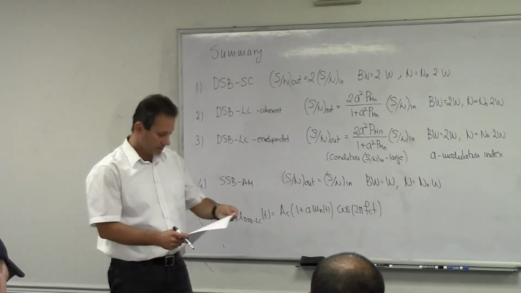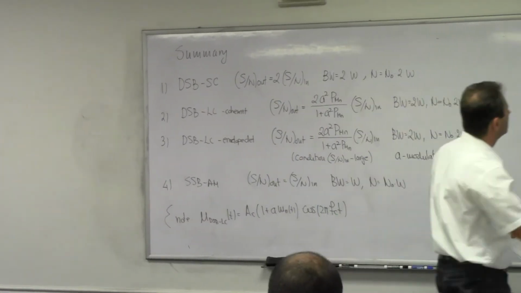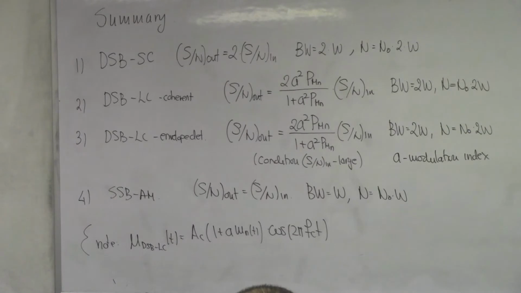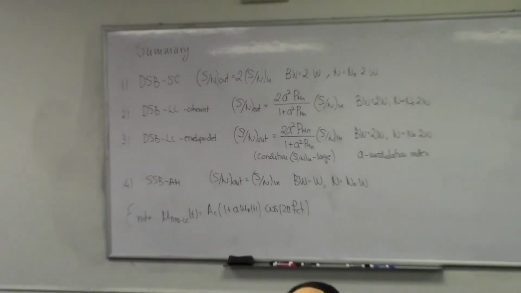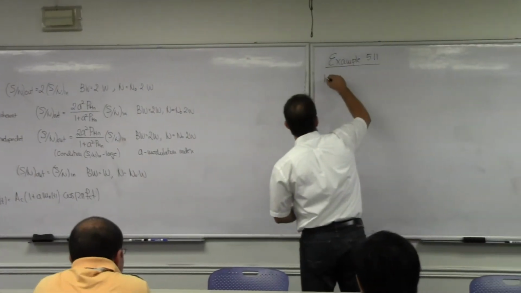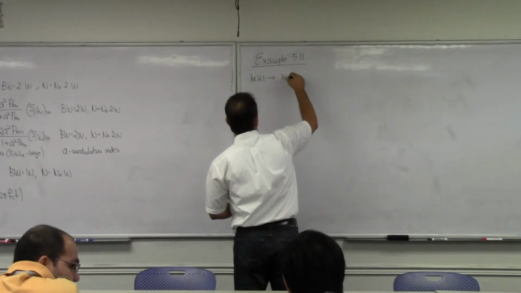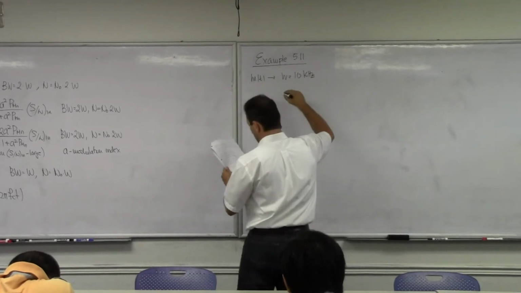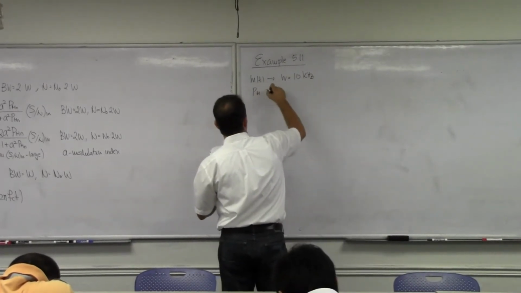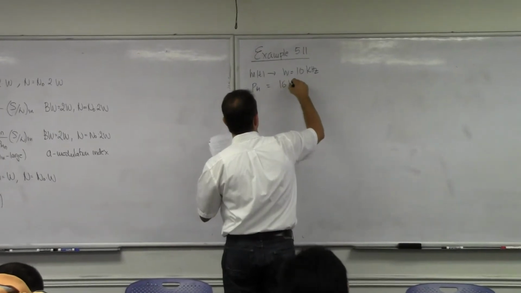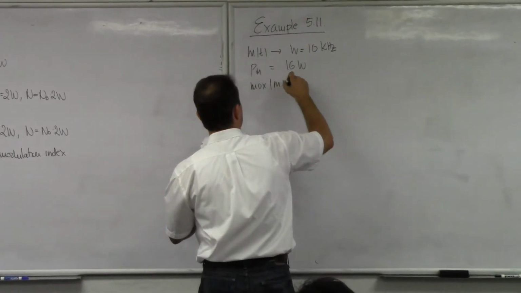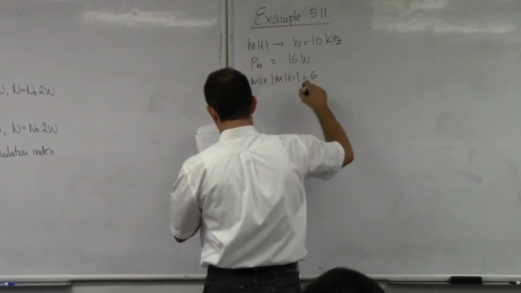Let me work an example. This is example 5.11 from your textbook. Let us get some feel for how you use some of these equations. So we're looking at m of t that has a bandwidth of 10 kilohertz, that has a power of 16 watts, but the maximum magnitude of m of t is equal to 6.